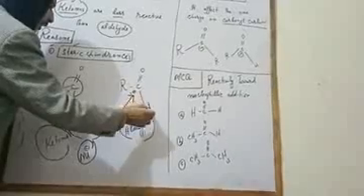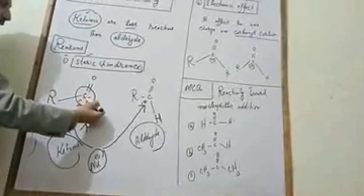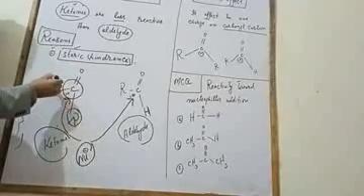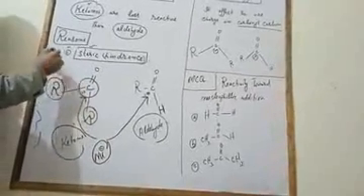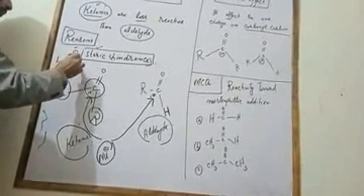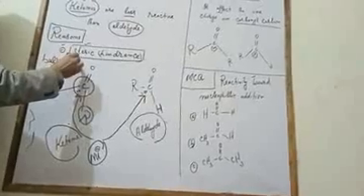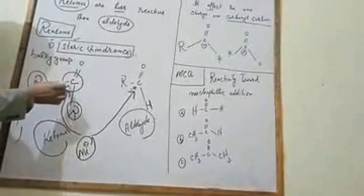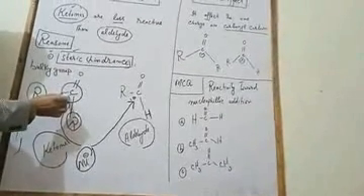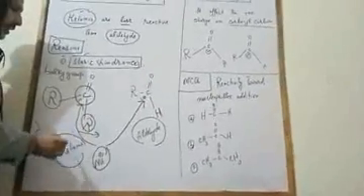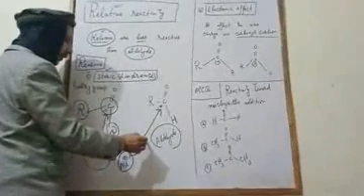If you look at the environment of this carbonyl carbon, it is surrounded by two alkyl groups. And remember, these alkyl groups are bulky, meaning they are bigger in size. Therefore, the nucleophile, while attacking this carbonyl carbon, will suffer more resistance here and less resistance here.